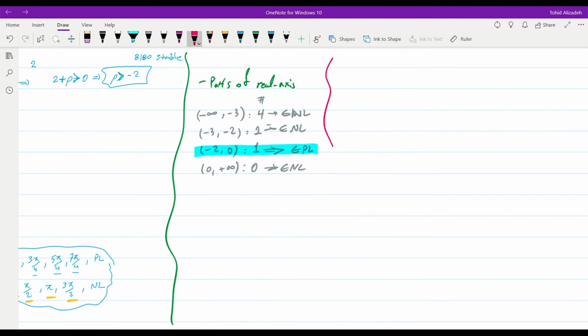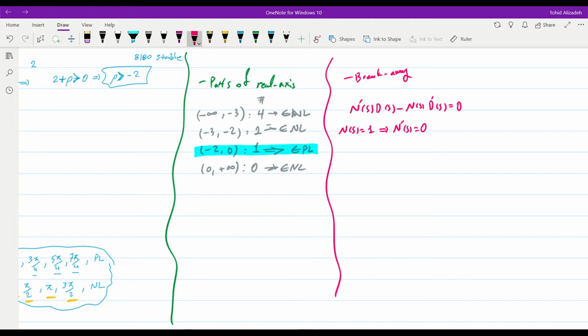Okay, so to find out the breakaway point, we can refer to the general formula that we have, n prime times d minus n times d prime equal to 0. We have the expression for n equal to 1, therefore n prime will be equal to 0.